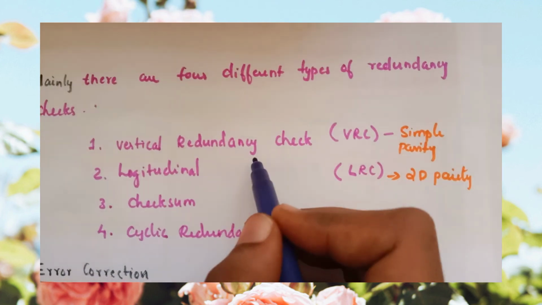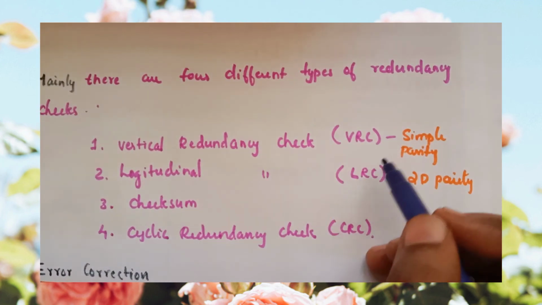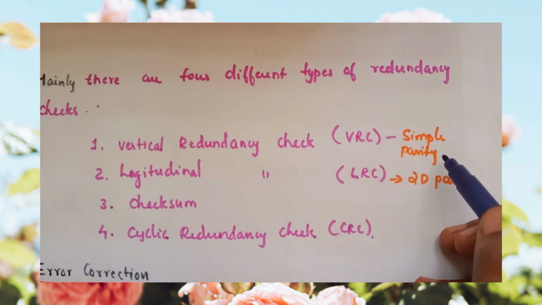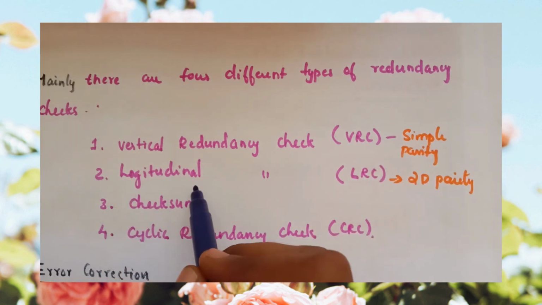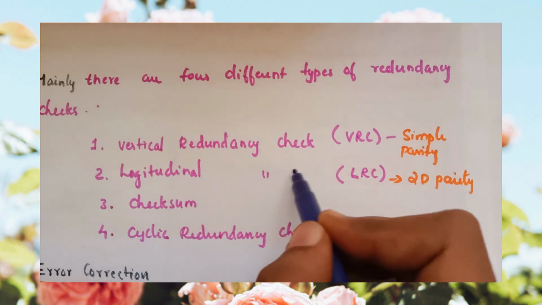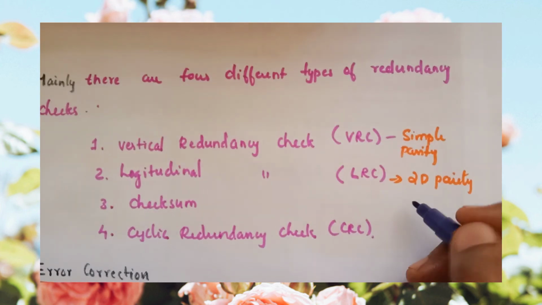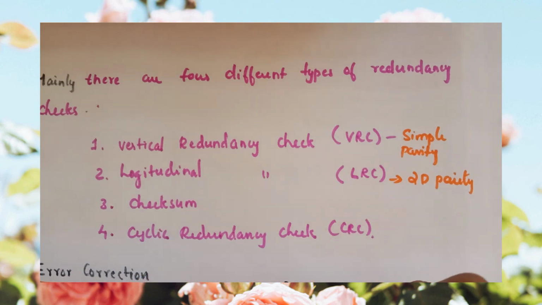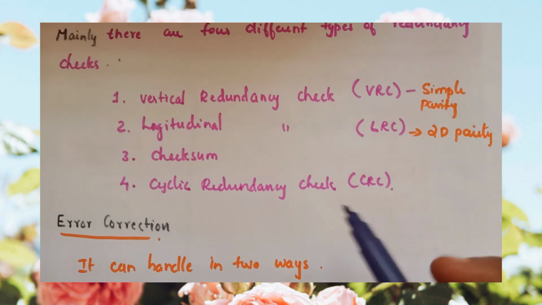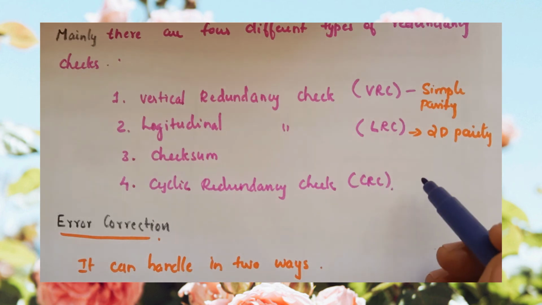The first one is vertical redundancy check, also known as the simple parity method, VRC. The second one is longitudinal redundancy check, that is LRC, a 2D parity method. The third one is checksum, and the fourth one is cyclic redundancy check. I will discuss these four techniques later.